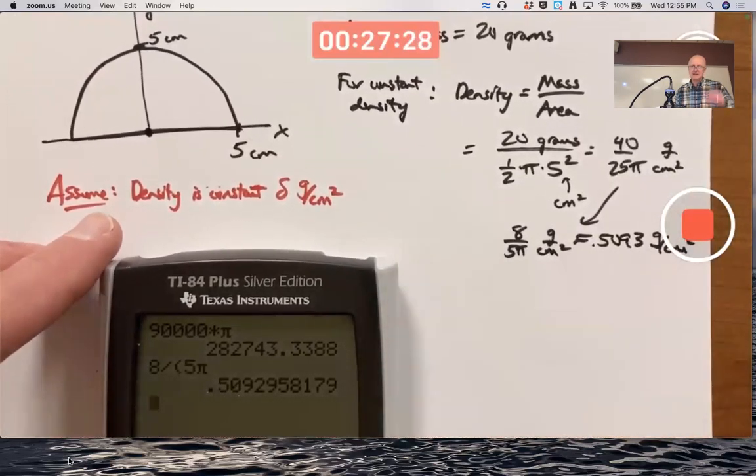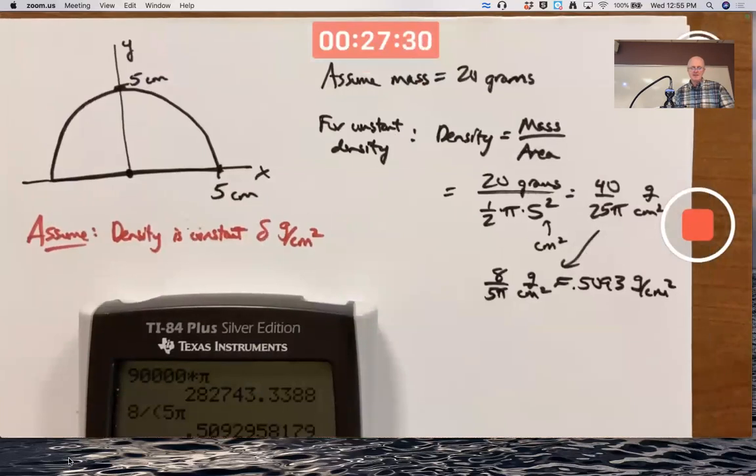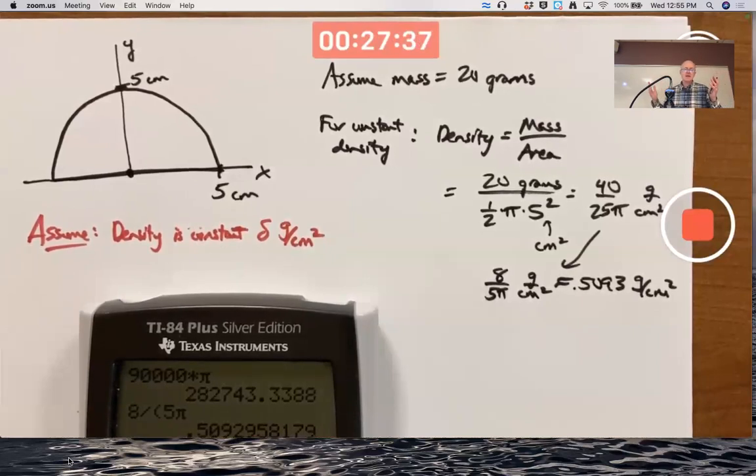And I'm assuming it's constant. This has got a uniform density. The atoms in this thin plate of metal are all maybe the same kind of atom, same kind of metal maybe. And they're all approximately equally spaced, right? And in a metal, that's not so hard to imagine because it typically takes on a lattice structure. Although if it takes on a lattice structure, then it's got some thickness.